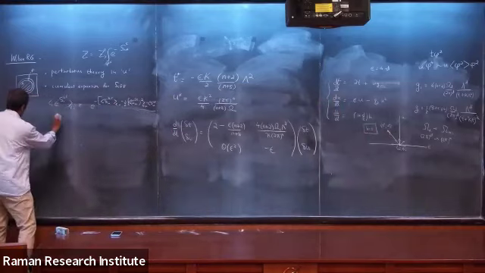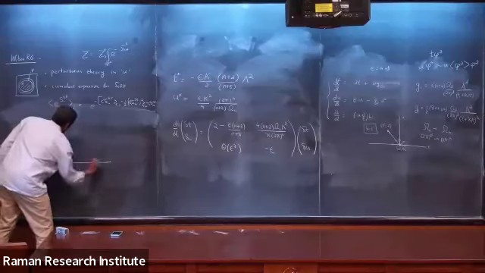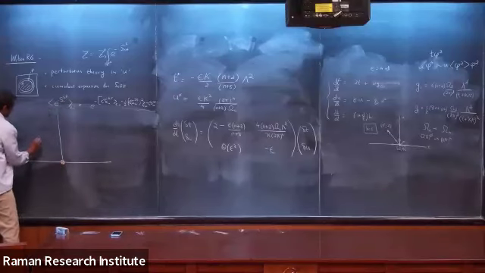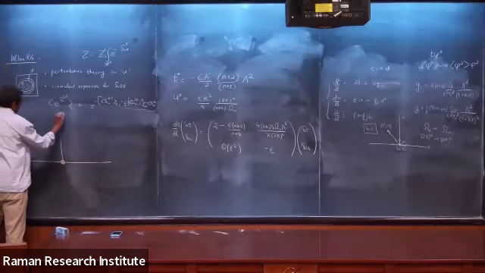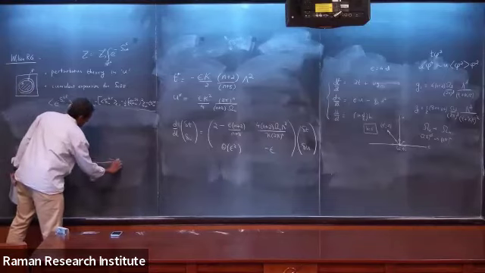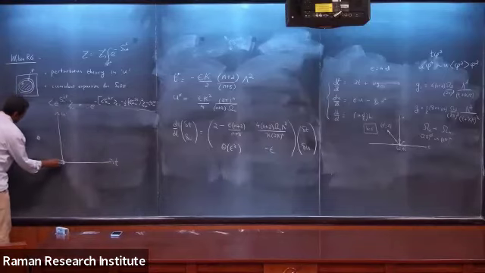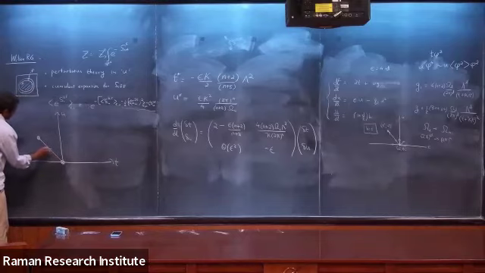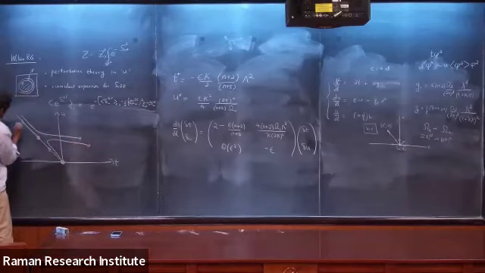Right? So the way the flows look is now going to be of the sort where this fixed point became unstable. But you're going to get flows that look like this, where you're going to flow in this fashion.